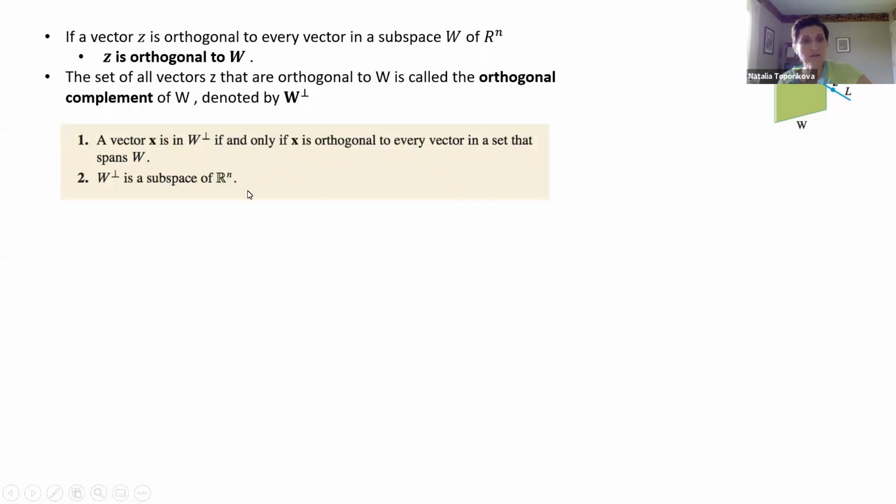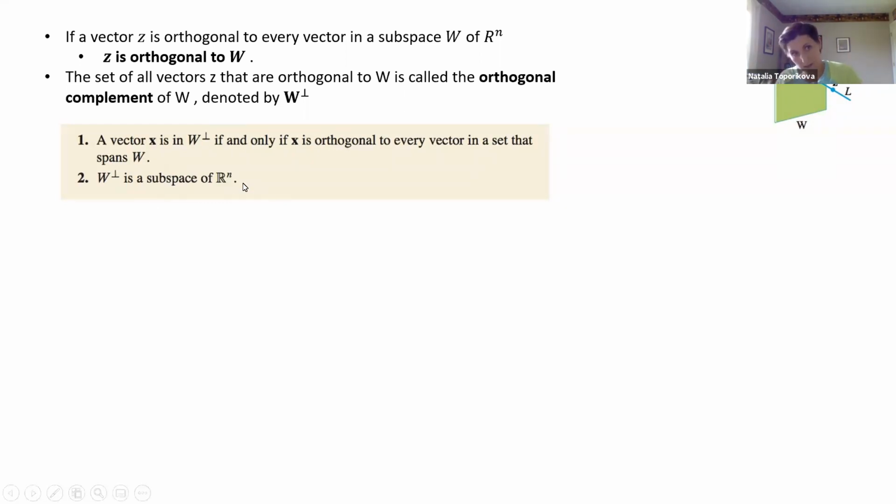Okay, so there are several important properties of our orthogonal complements. For example, a vector X belongs in the orthogonal complement of our subspace W if and only if X is orthogonal to every single vector that spans our subspace W. Another important property is that our orthogonal complement is always a subspace of Rn.